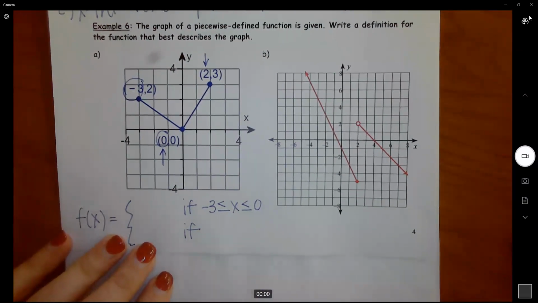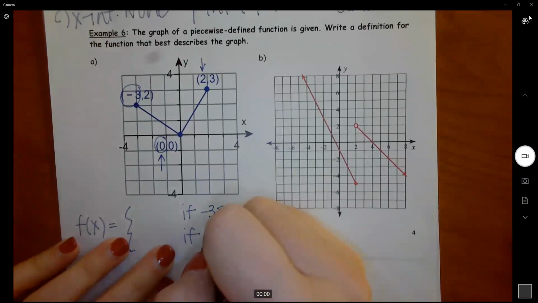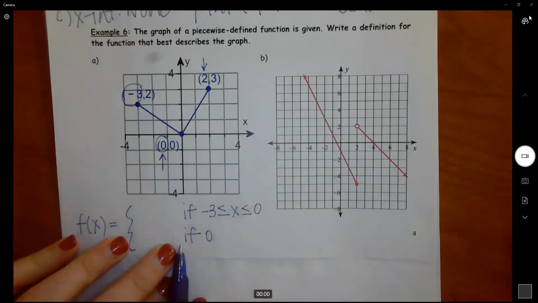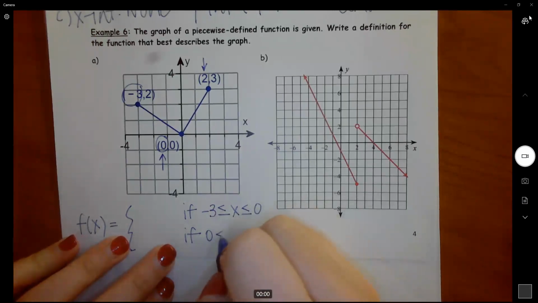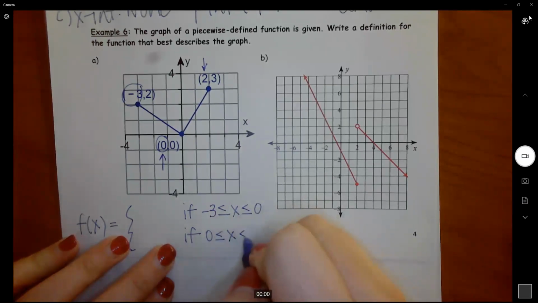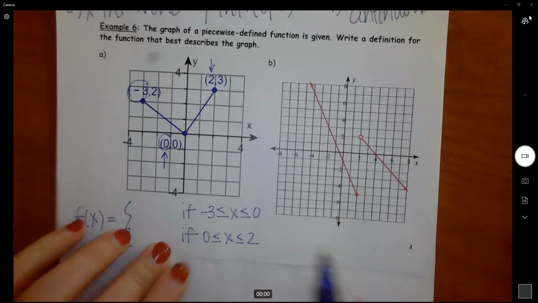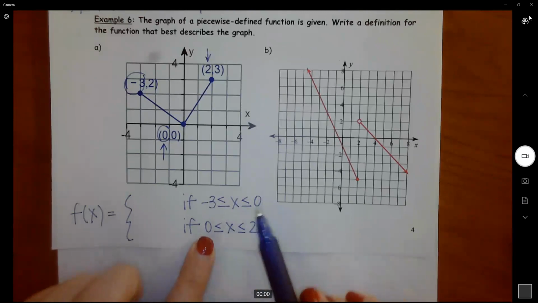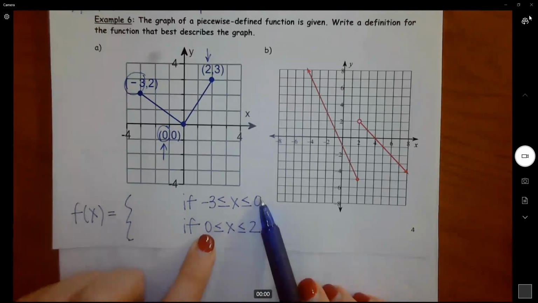So what I'm trying to say here is, and don't write this down, instead of this being 0 is less than or equal to x, which is less than or equal to 2, you cannot have this equal 0 in two different spots. So one of these can equal, but not the other.